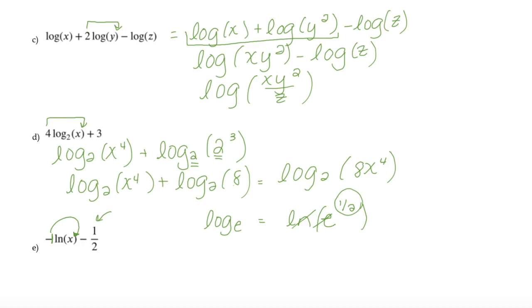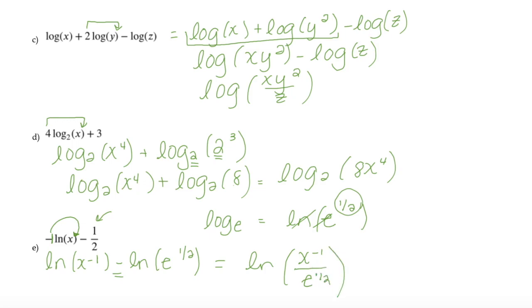All right, so rewriting this, we'll have the natural log of x to the -1st power minus the natural log of e to the 1/2 power. We are in subtraction, so we know we can rewrite this into division, or the natural log of x to the -1 over e to the 1/2.